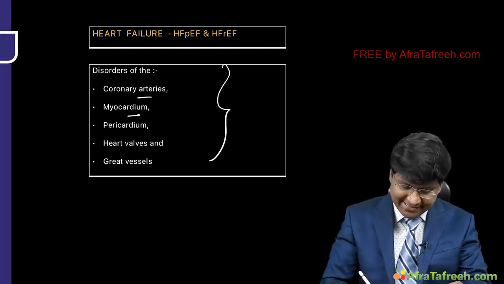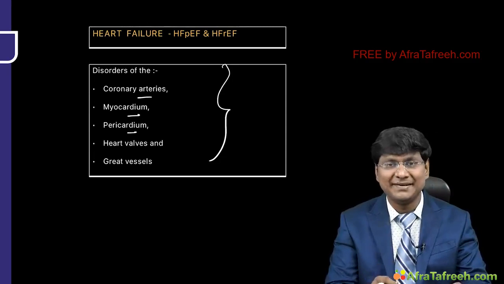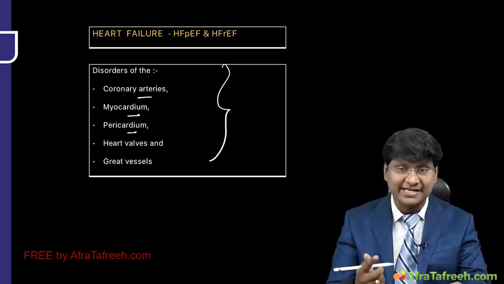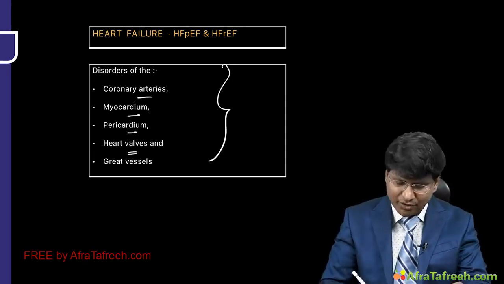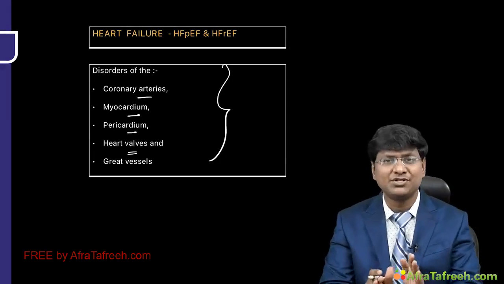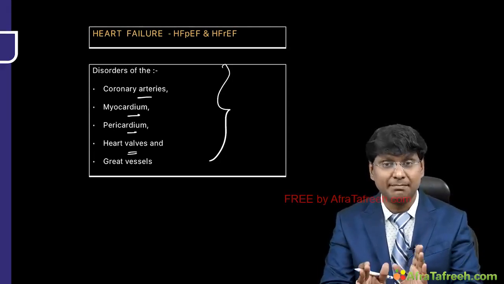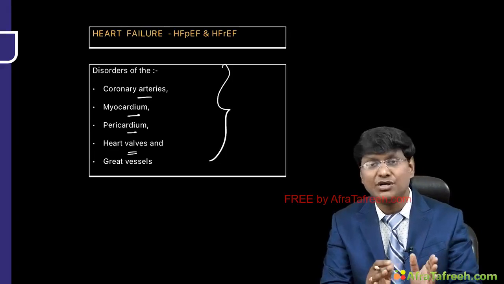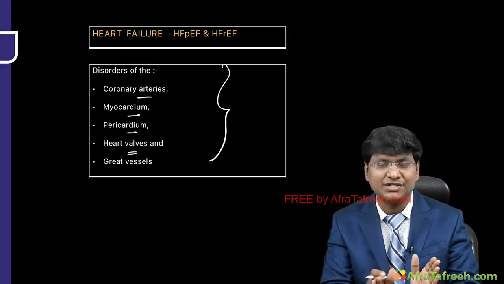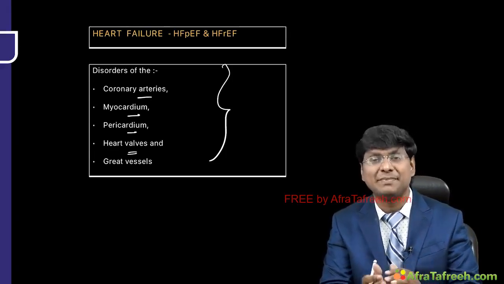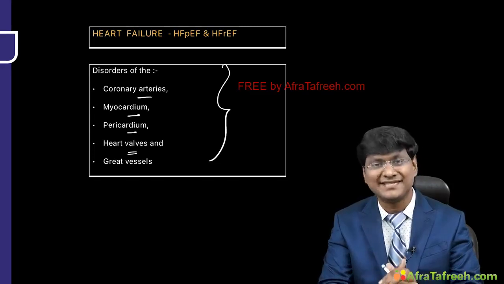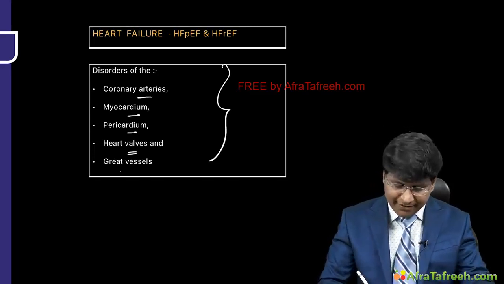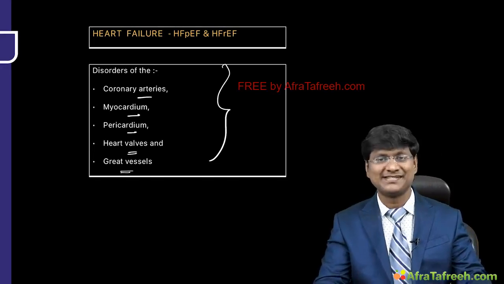Then disorders within the pericardium, like constrictive pericarditis, can cause heart failure. Then pathology in the heart valves: pathologies of the aortic and mitral valves usually cause left-sided heart failure, and pathologies in the tricuspid and pulmonary valves cause right-sided heart failure. And the pathologies in the great vessels.